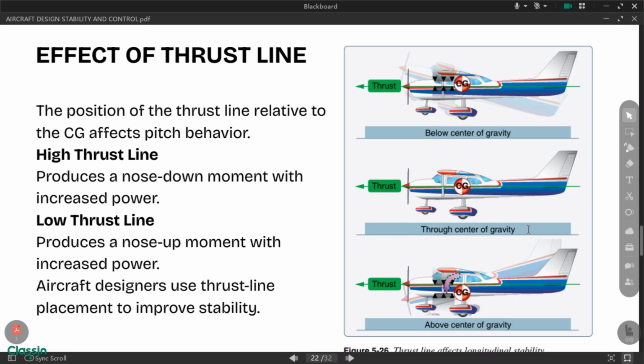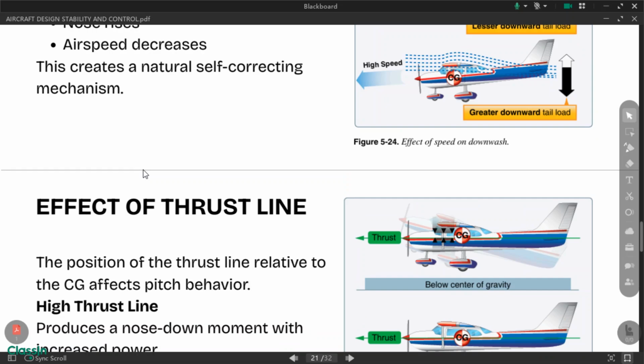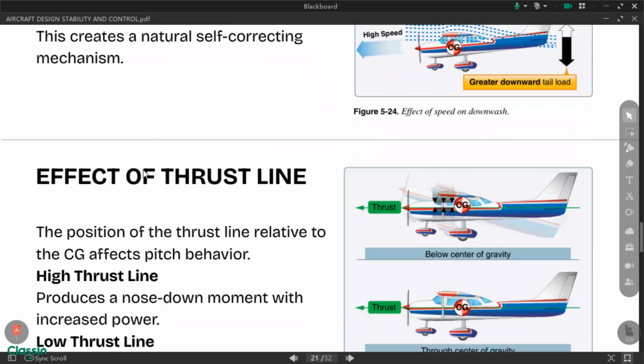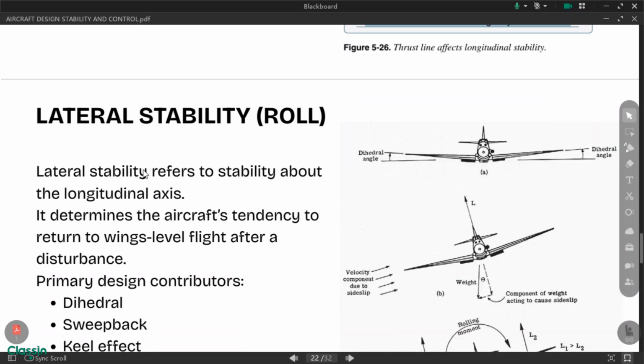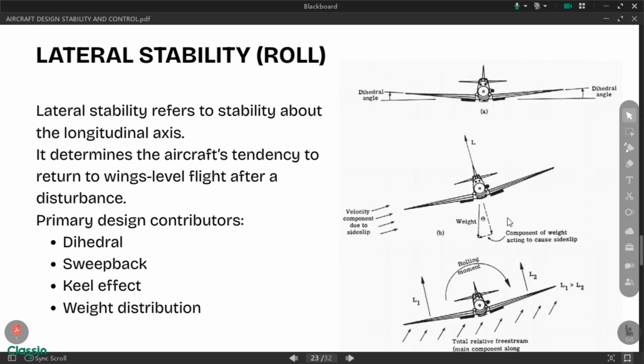Kasi again, it would contribute pitching moments, depende kung saan yung thrust line natin. So, that's pretty much for the concepts natin for longitudinal stability. There's more, but more can be explained by the equations na inaaral natin. So, let's move to the conceptual ng lateral stability.